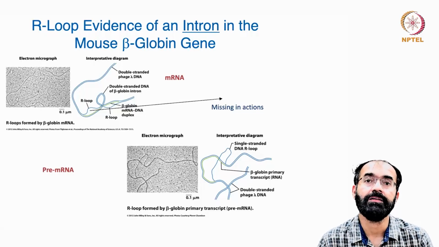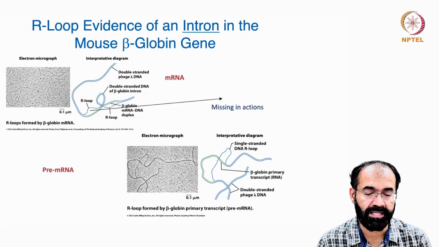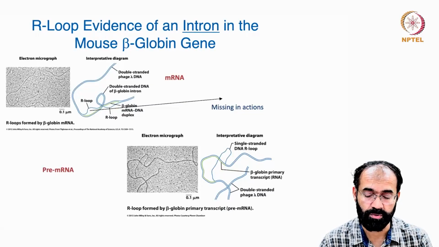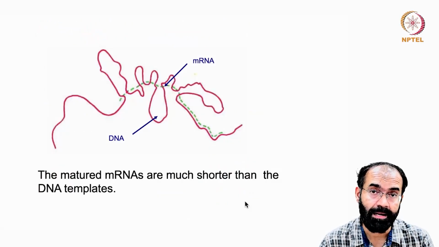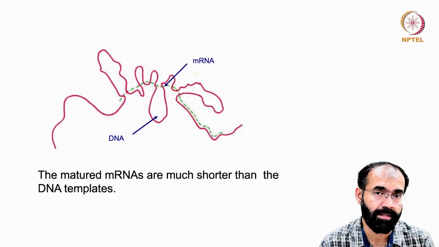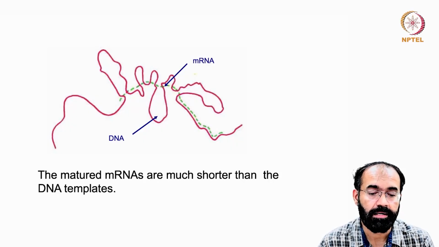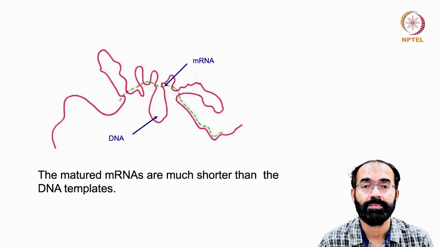You will have one strand of the DNA projecting out, and the RNA has hybridized onto that. But what happens if you are using mature mRNA, that is not pre-mRNA, it is a spliced mRNA where introns are removed and which is much shorter than the DNA template?